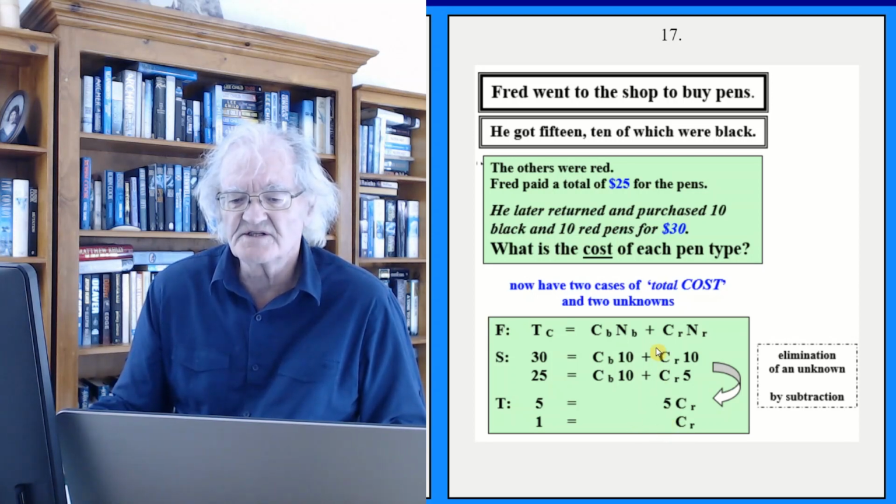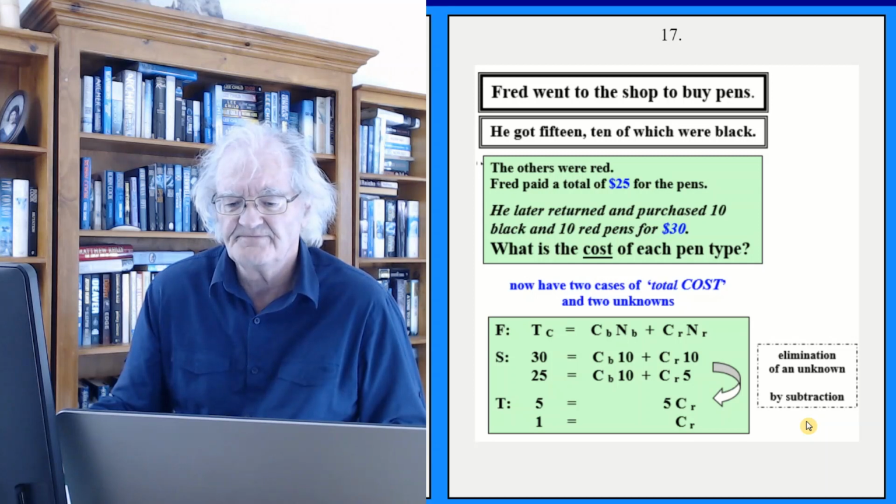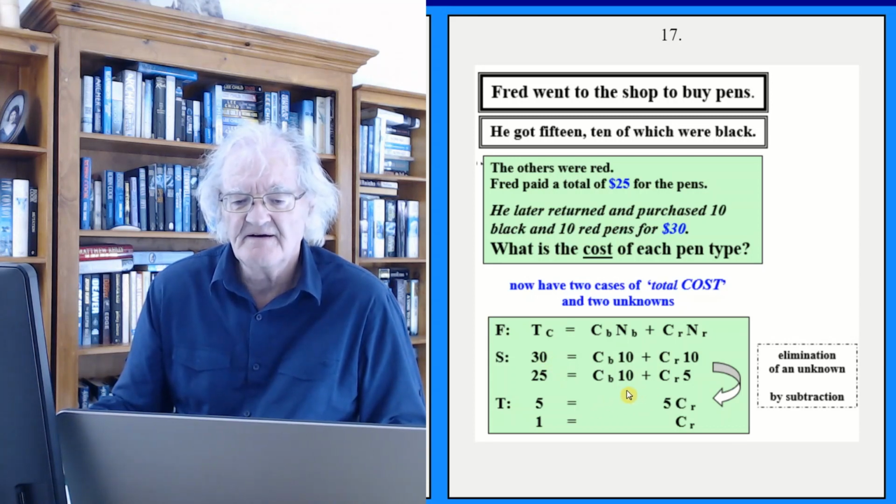Combining equations like this is referred to as elimination of one of the unknowns. And here, the elimination was based on subtracting one lot of information from the other. And when we did that, the contribution of the black pens was removed.